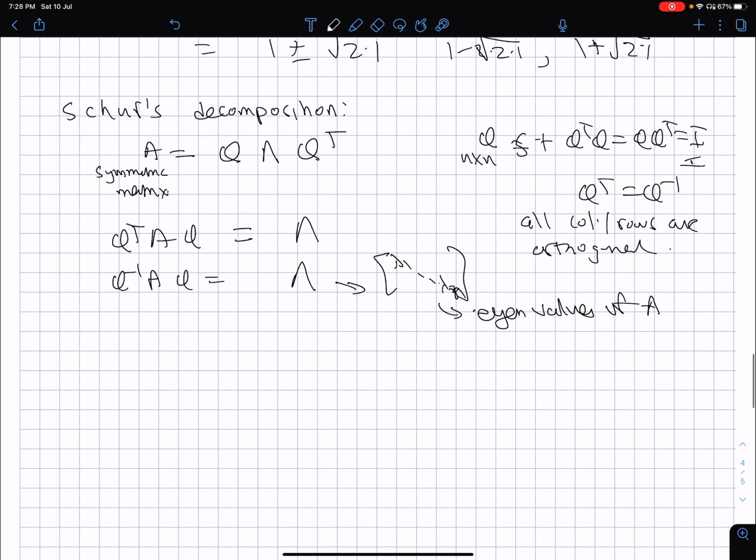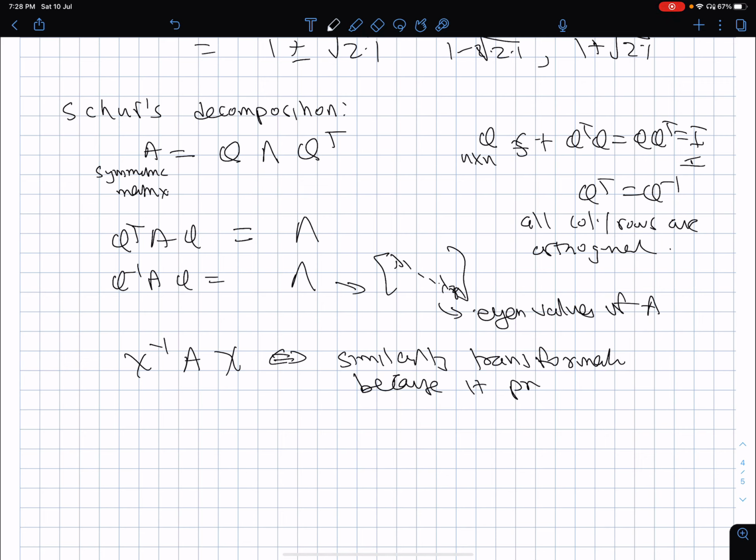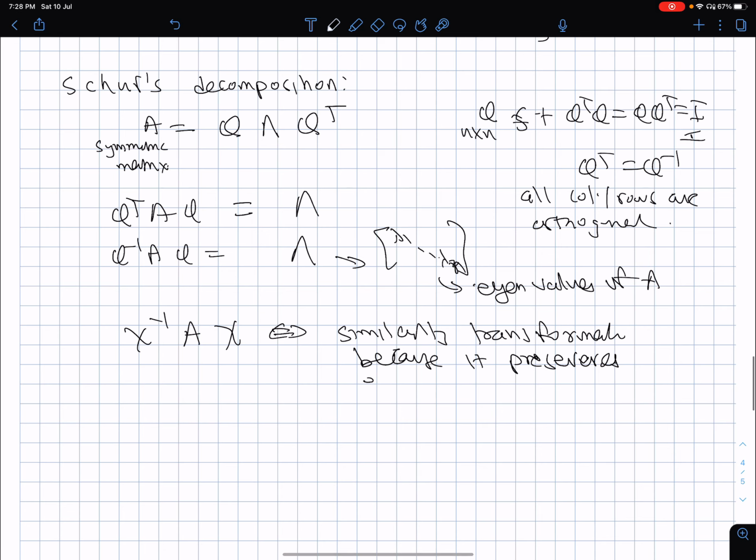I'll tell you why. Suppose you have a similarity. This X is an n cross n matrix, and X inverse AX is usually called a similarity transformation because it preserves the eigenvalues.